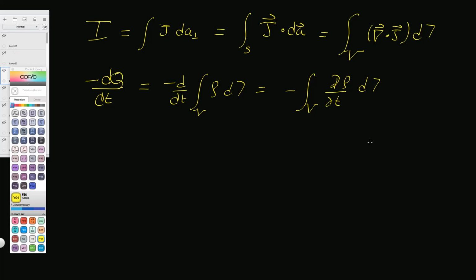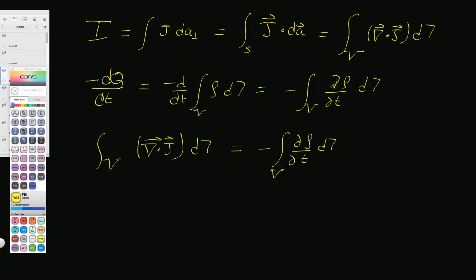So you can see here that the integral over volume of our del dot J d tau must be equal to the negative of the change in the charge density in that volume, right? Yeah, because that's the current flowing out.